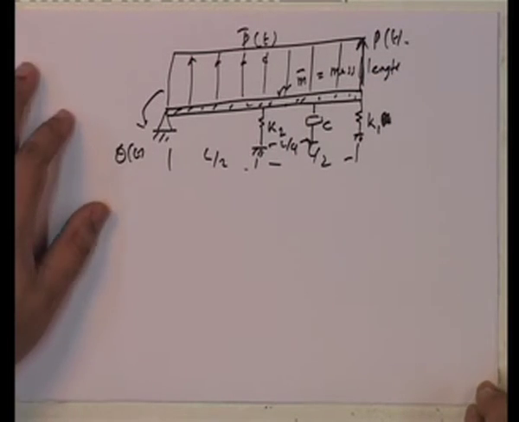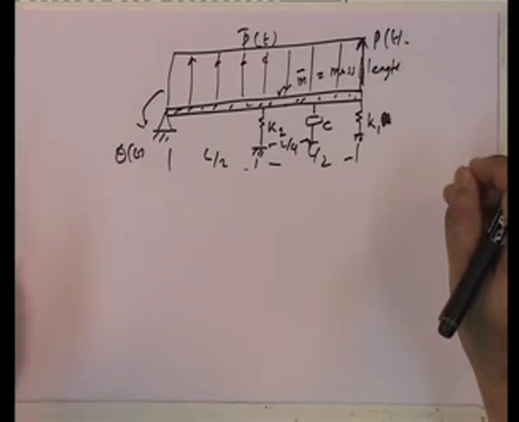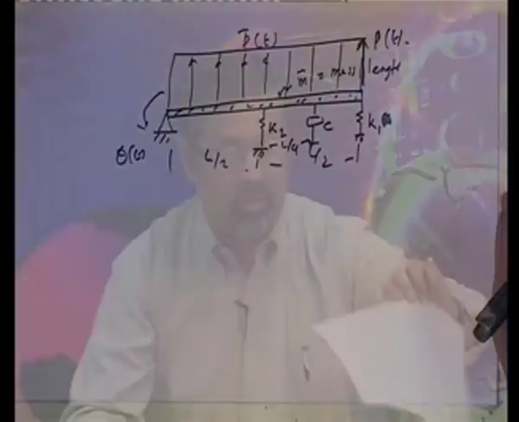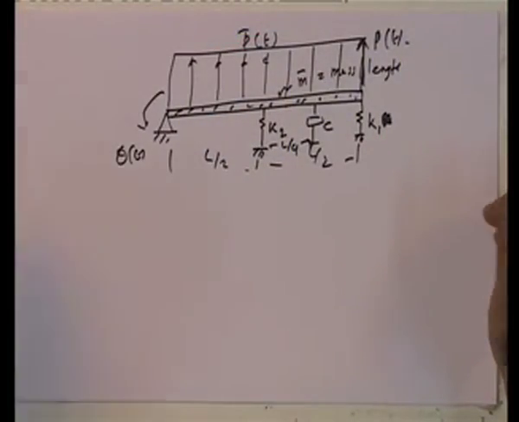Now, one idea is to use these formulations that we have, but I will not use them. I will go back to first principles and show you that what I have derived for a generalized kind of structure can actually be used for any system. In fact, I will take this example.